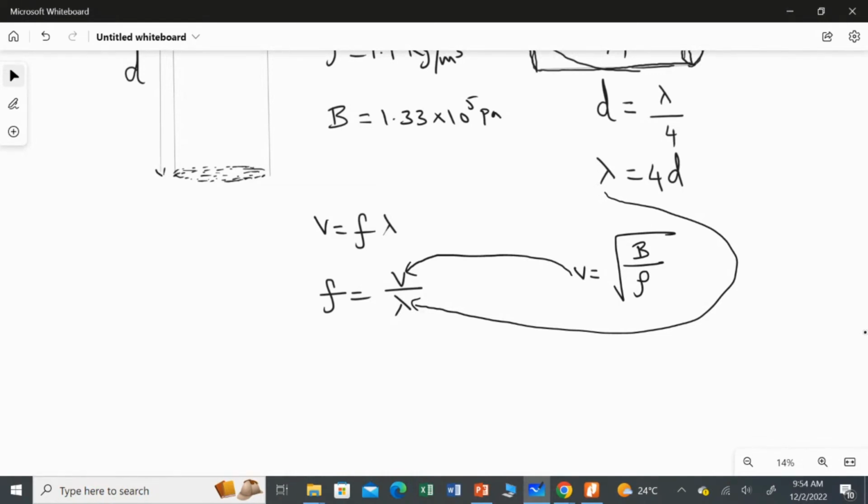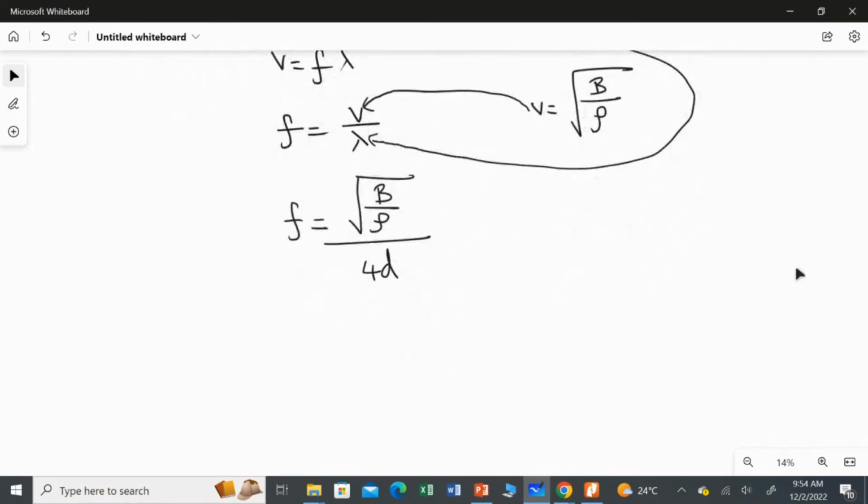So this equation becomes F is equal to the square root of B over rho, over 4D. Now we are going to find the value of D. I am going to bring D to the left-hand side, so the equation becomes D is equal to the square root of bulk modulus over density, over 4 multiplied by F, as the frequency comes to the denominator.